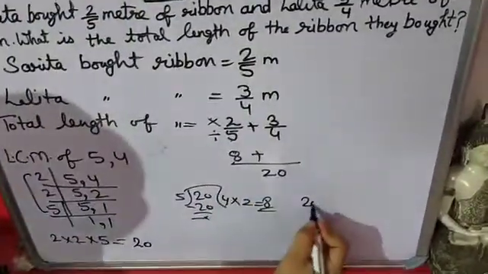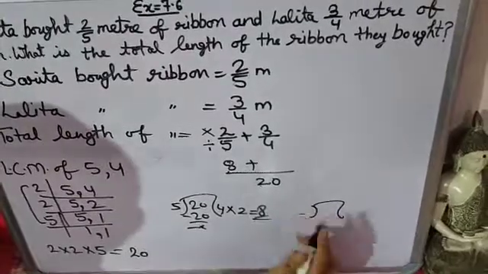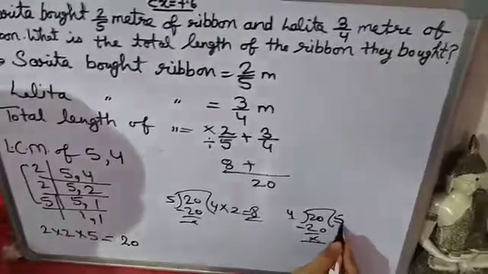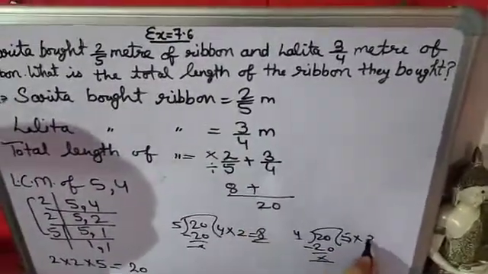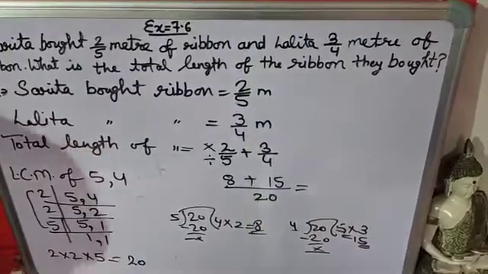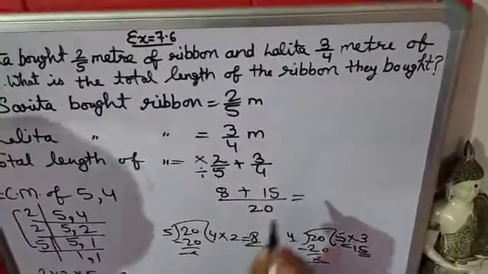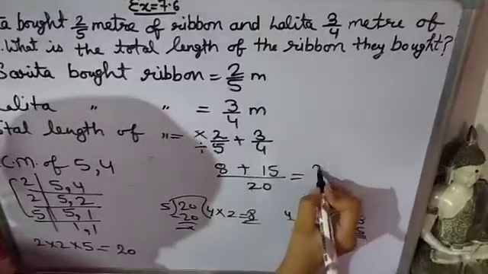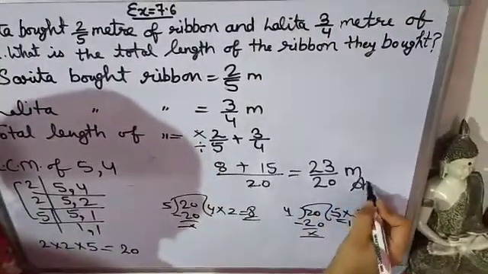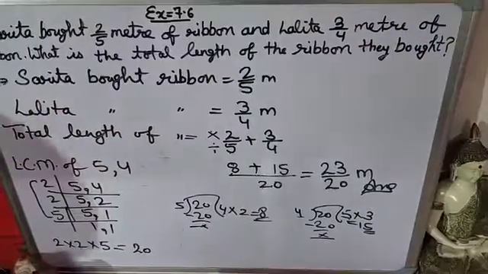Similarly 20 divided by 4 will be 5, then this 5 multiplied by this 3, 5 threes are 15, so here 15 will come. Now we will add 15 and 8, it will be 23/20 meter. So this is the total length of ribbon.